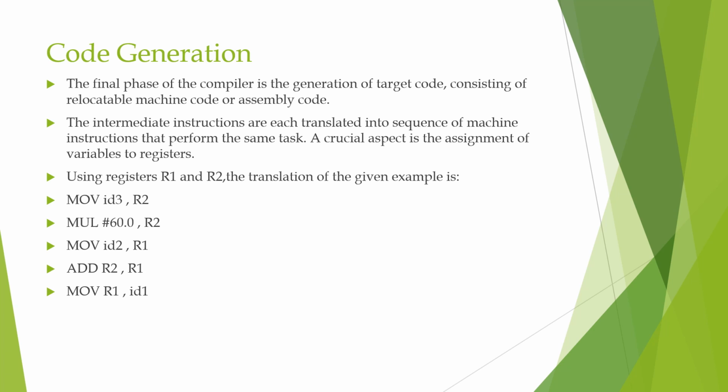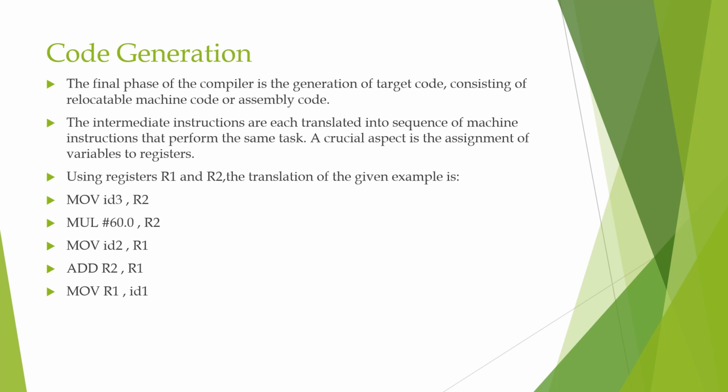So that is the statement, right? Position is equal to, what is the statement? Initial plus rate star 60. So what will it do first? In the first phase, position is considered as id1, that is equal to initial, which is considered as id2, then plus, then rate is considered as id3, then star 60. So first we will multiply it.